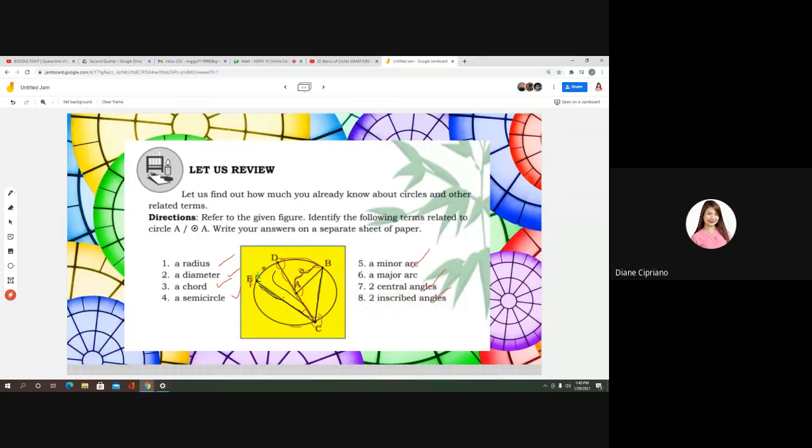So dito, ano ba yung merong end point? We have it here that touches the edge, and we have it here also. So those are our two inscribed angles.